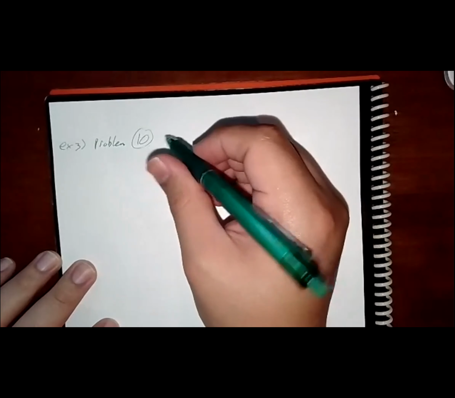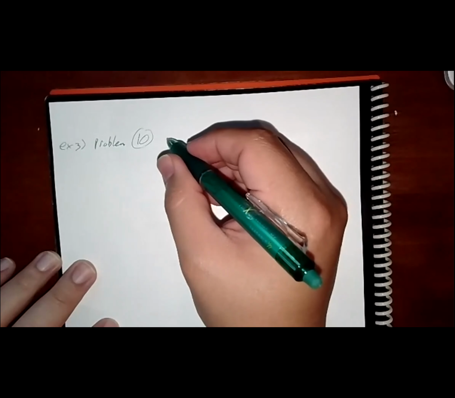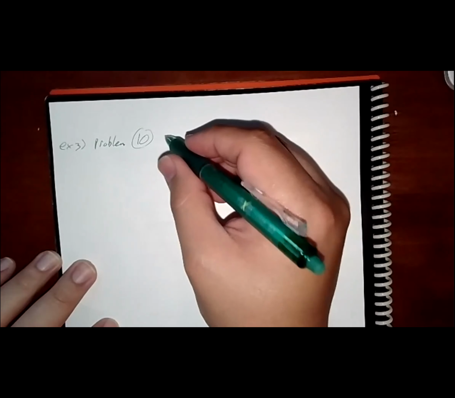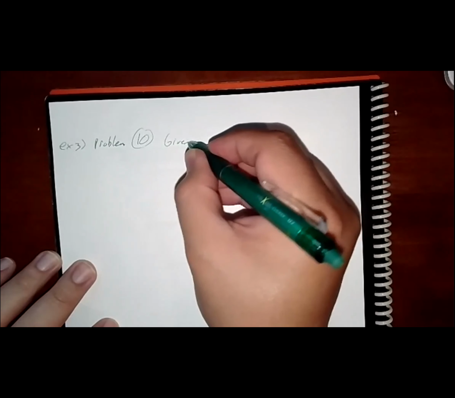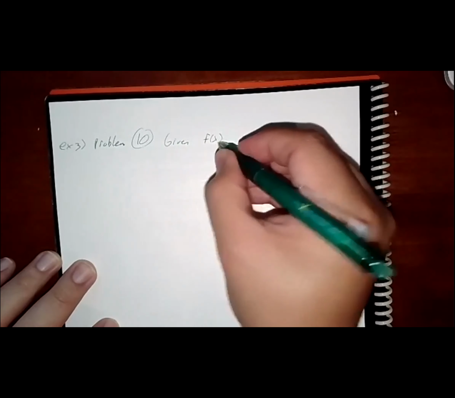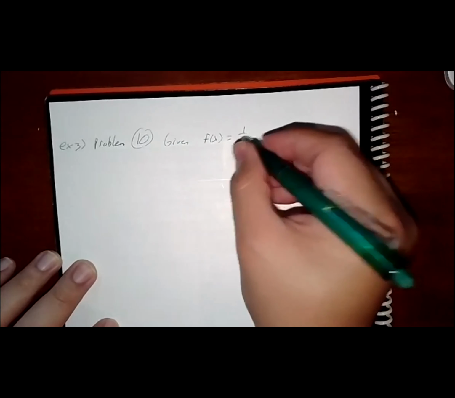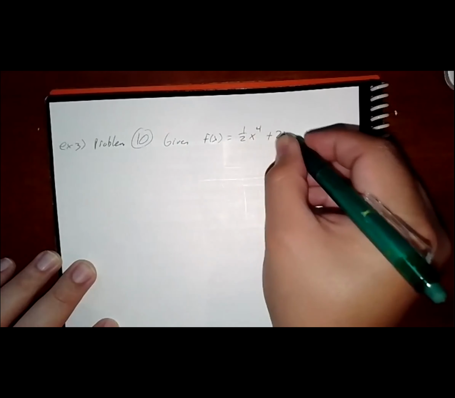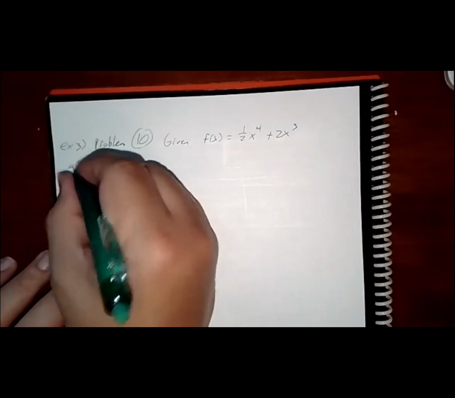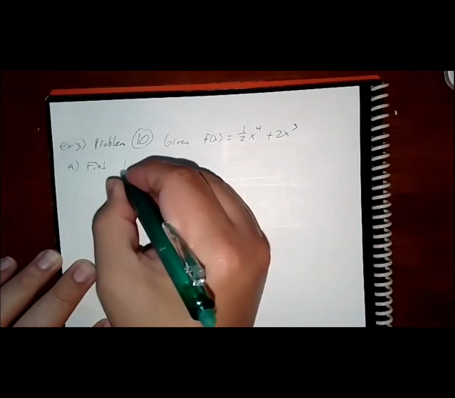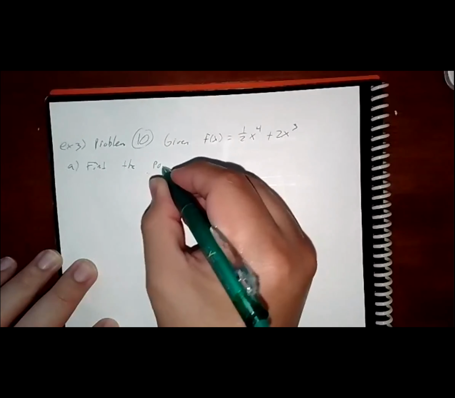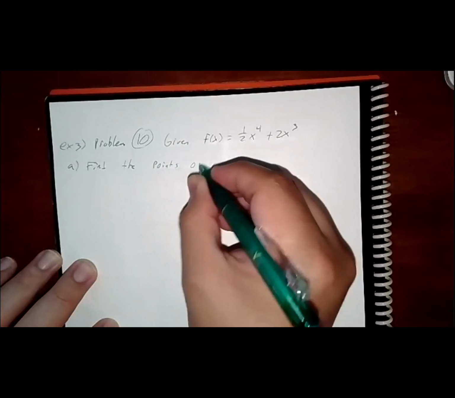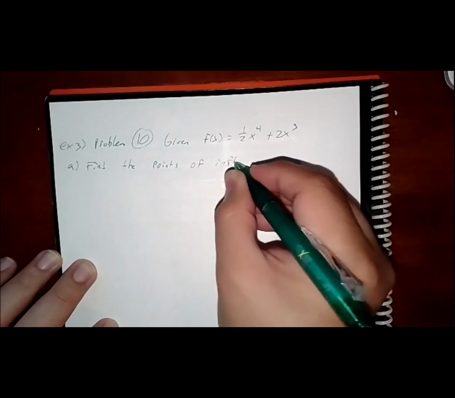He says, given, I'm going to try to phrase it better, f of x equals 1/2 x to the 4th plus 2x cubed. Part A is find the points or point of inflections.